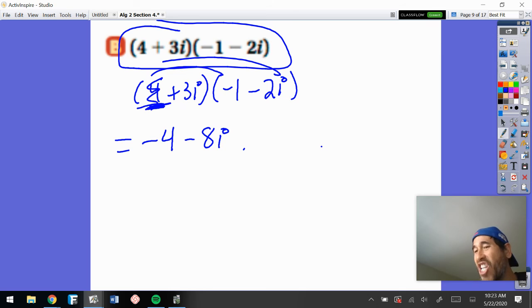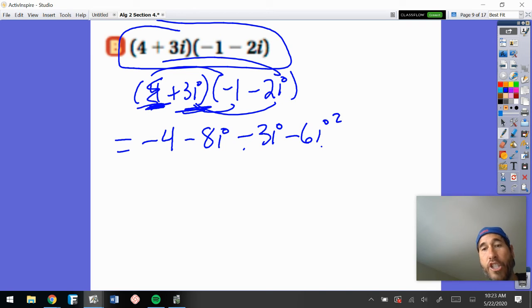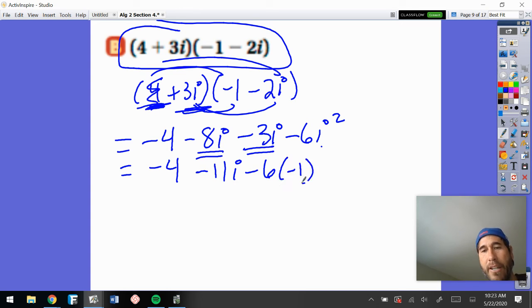That one's done. Then I'm going to take the second one and share that with both of those. Which gives me a negative 3i minus 6i squared. Now, what's i squared again? Let's simplify that here. Let's combine those, killing two birds with one stone. Then I got negative 6 times negative 1.